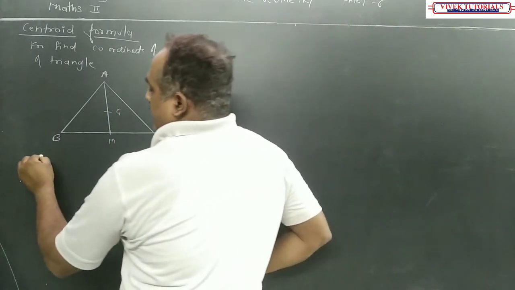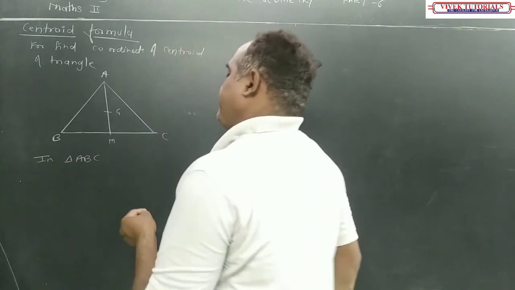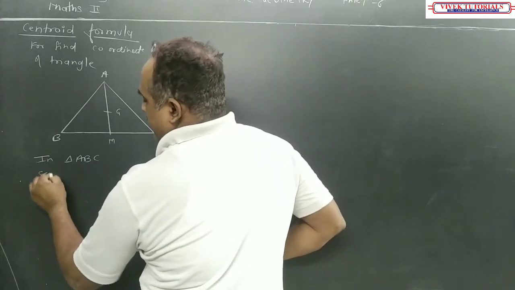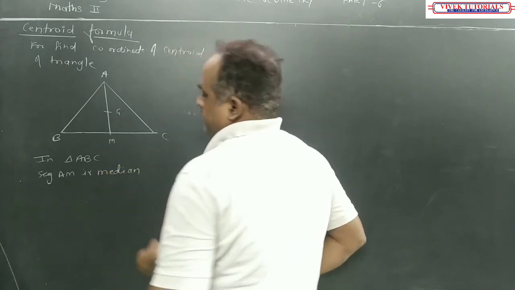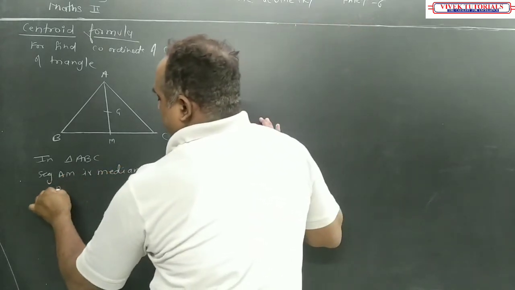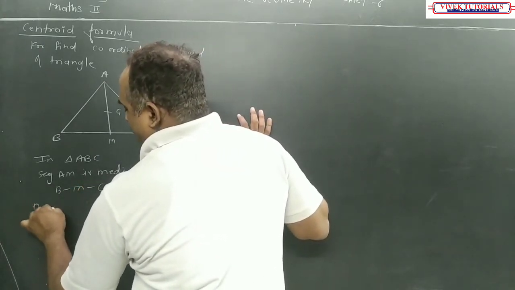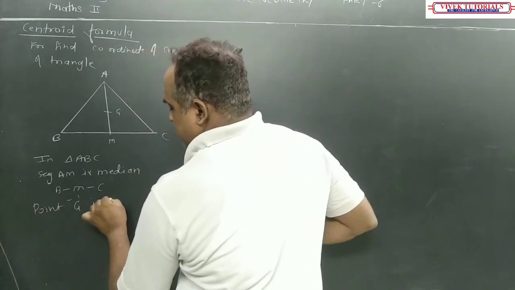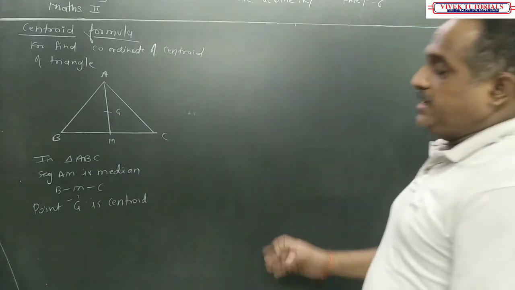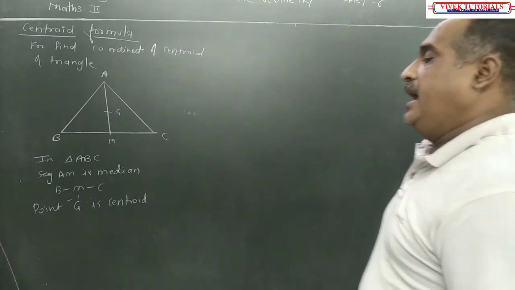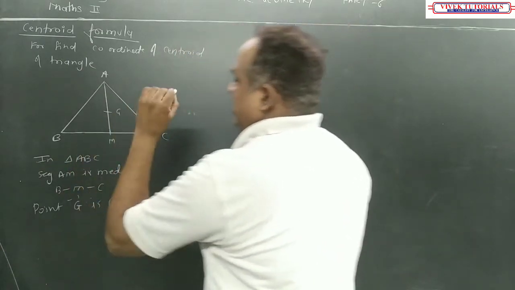So, in triangle ABC, segment M is a median, then B and C are collinear points, and point G is centroid. G क्या है? Centroid. Usually we are denoting G by centroid. Centroid is denoted by what? G. तो ये G हमें लेना है.